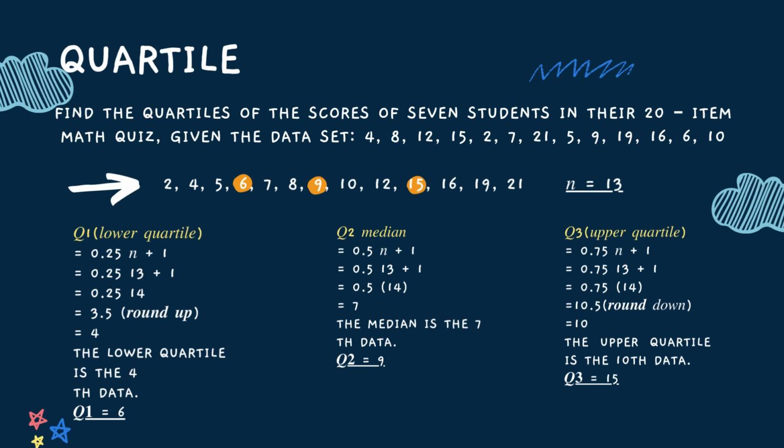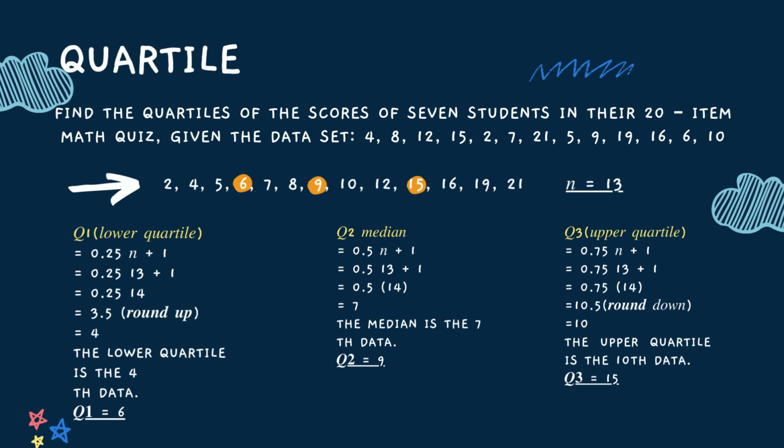For the first example, we have Q1 or the lower quartile. As you can see here, there is already a formula. There should be an open and close parenthesis as you have seen earlier: 0.25 times the total number of data, n, plus 1.